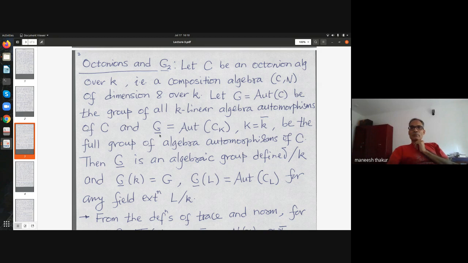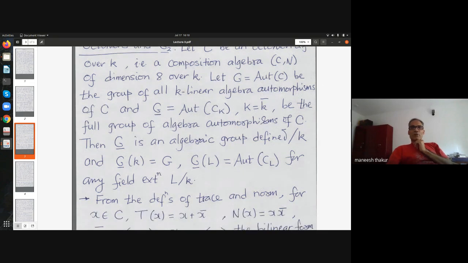So this is a group defined over K, and G bar of K is G, which is just automorphisms of C over K. The group is totally determined if I tell you what it does to field extensions. So for any extension L of K, the L-rational points of G lower bar are automorphisms of C tensor L as L-algebras.